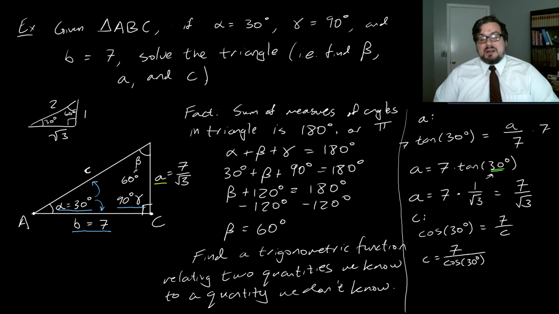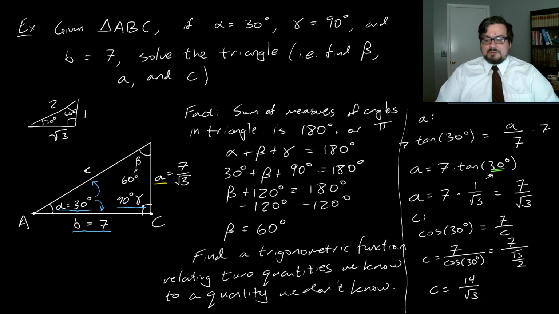If we had some angle other than 30 degrees in here that we didn't know, say 37 degrees, we would just leave it like that. But we do know about cosine of 30 degrees, and we know that cosine of 30 degrees is the square root of 3 over 2, which we can simplify down to get C is 14 over the square root of 3.